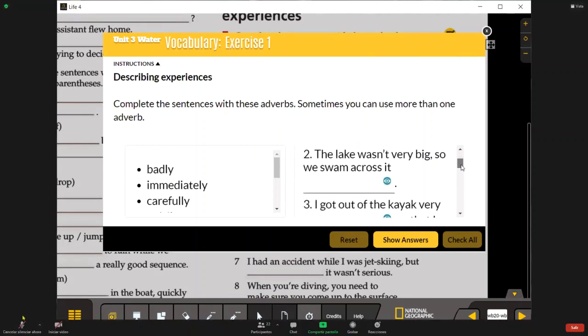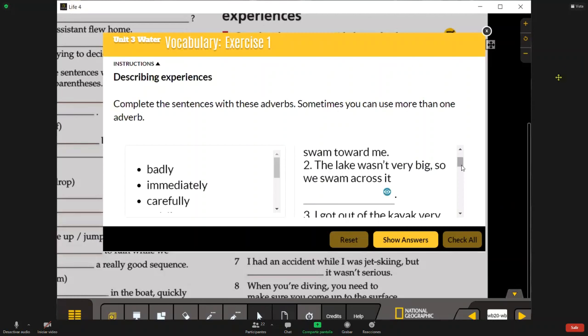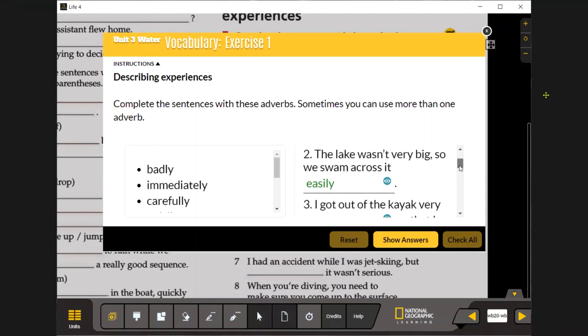Ok, 2. The lake wasn't very big, so we swam across it easily or immediately. So wasn't very big. Yo diría easily, sí. Yeah. Está bien. Easily. But I feel it could be too immediately. Immediately? Yeah, immediately. For example, immediately after we finished eating.